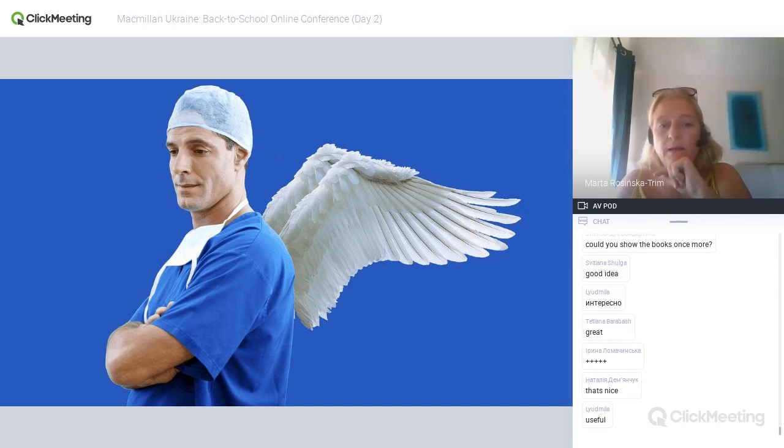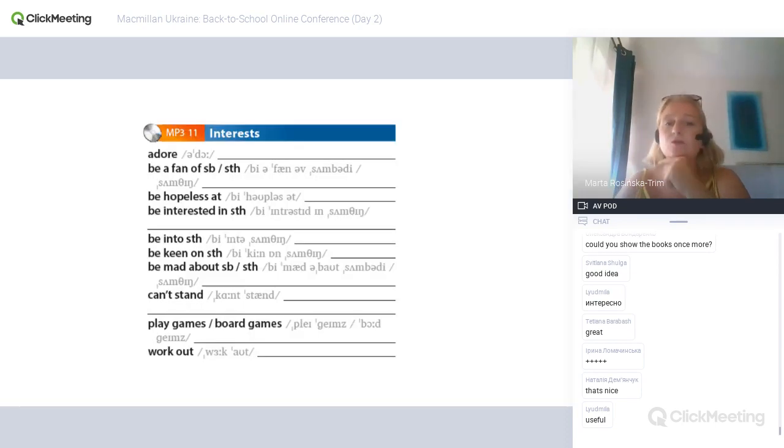I would also say that the same activity could be done with words that you find after each unit of Get to 100, where in many cases, vocabulary is not just individual words, although there are also individual items, but in most cases, vocabulary is grouped.